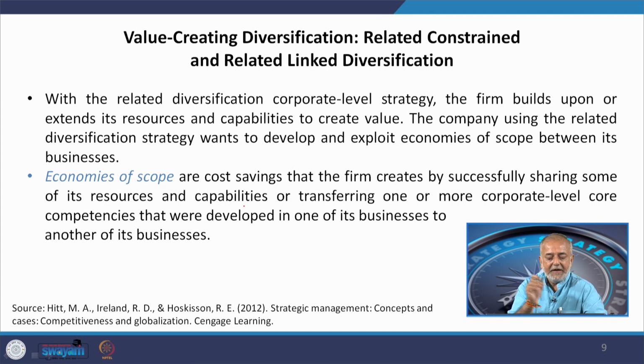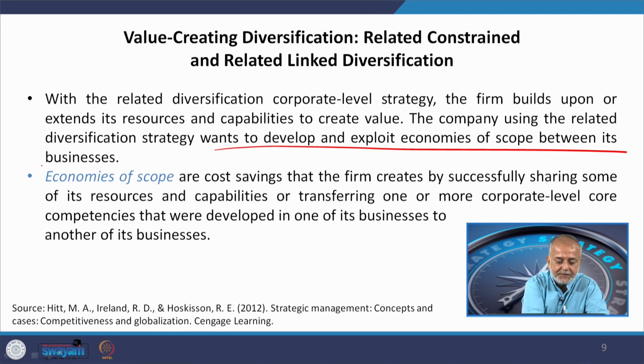So, with related diversification, a corporate level strategy, the firm builds upon or extends its resources and capabilities to create value. The company using the related diversification strategy wants to develop and exploit economies of scope between its businesses.